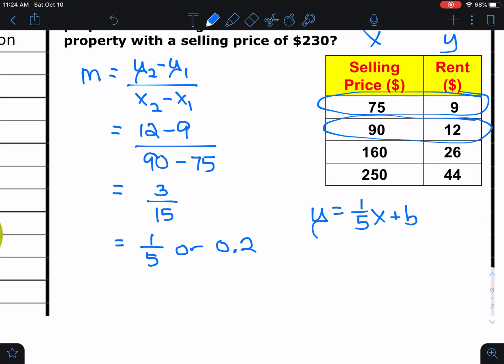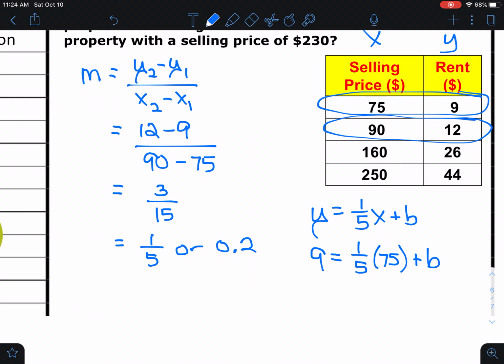Now, this is exactly what you did before, so you're going to pick a point and plug this into one of these other x and y to solve for b. So I'm just going to pick 75 and 9. So I know 9 goes here. I'm going to multiply that by 75 plus b.